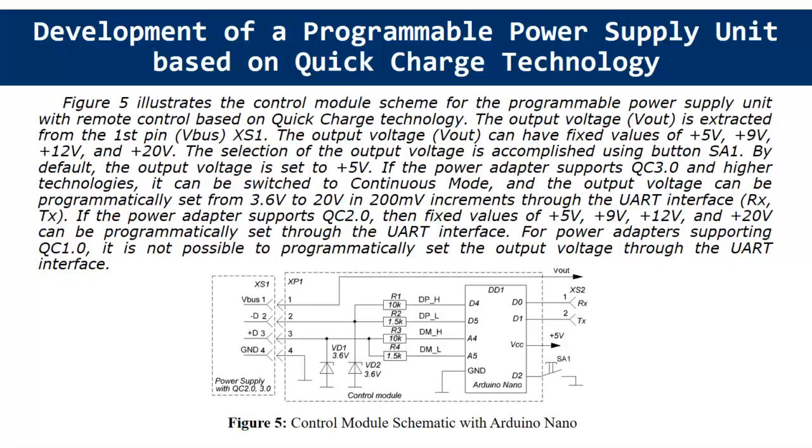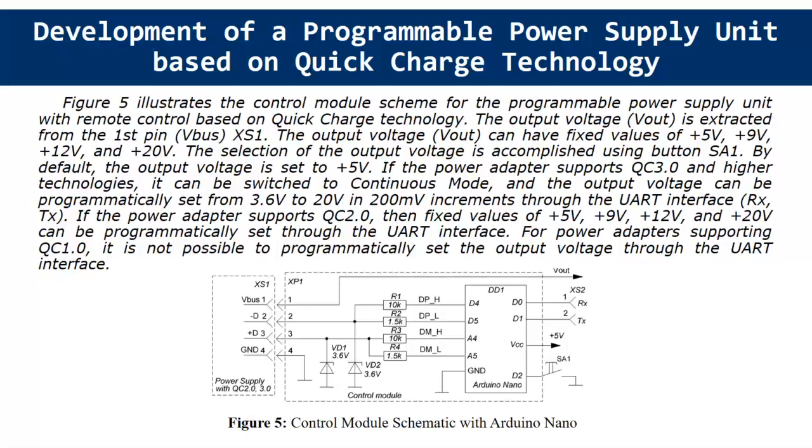If the power adapter supports QC 3.0 and higher technologies, it can be switched to continuous mode, and the output voltage can be programmatically set from 3.6 volt to 20 volt in 100 millivolt increments through the word interface RX.